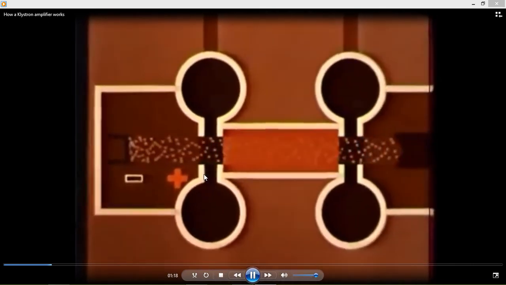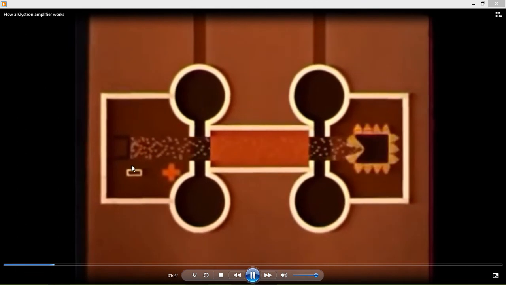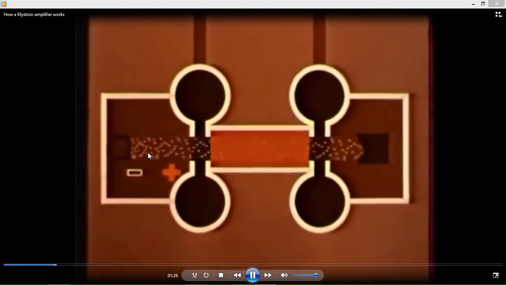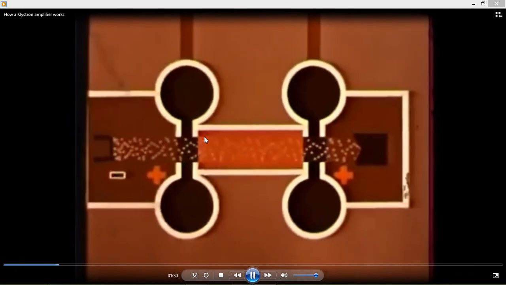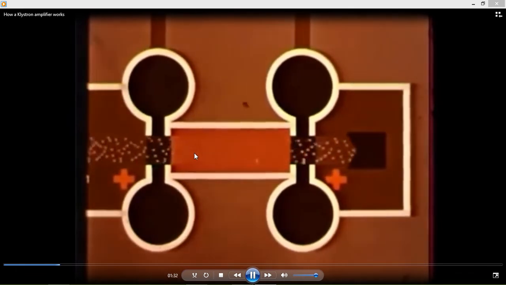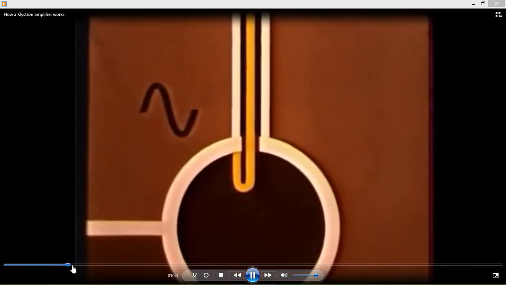This first cavity has a positive potential, so the electron comes from the cathode, and the velocity of the electron increases while approaching this first cavity. The first cavity is given the RF input through this coaxial cable.